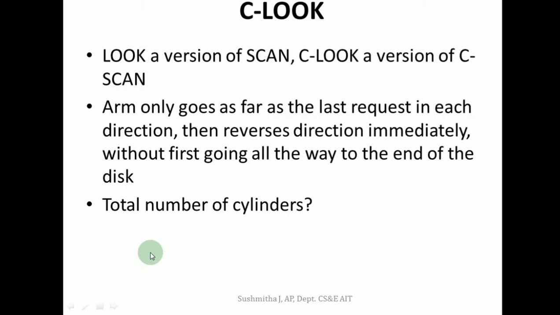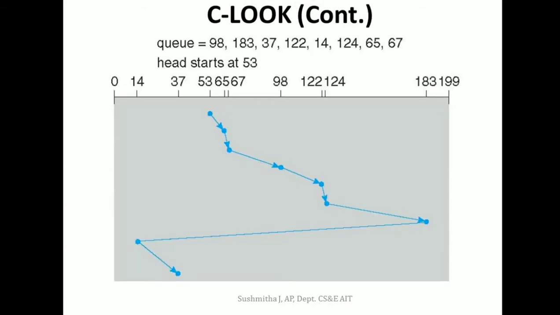In the case of C-scan, it goes till one end and returns without satisfying any request, and it starts from 0 again. The same thing happens with C-look, but it is not going to start from 0.